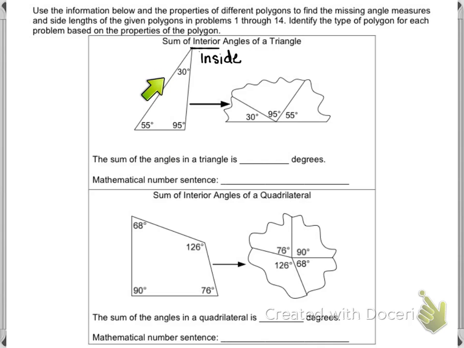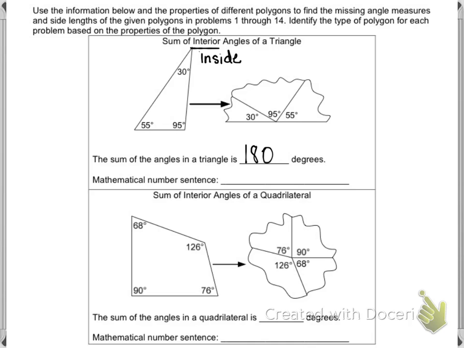What they did here is they cut this angle, and cut this angle, and put the vertex together. Each point, they connected it, and it makes a straight line. And we said that a straight angle adds up to 180 degrees.